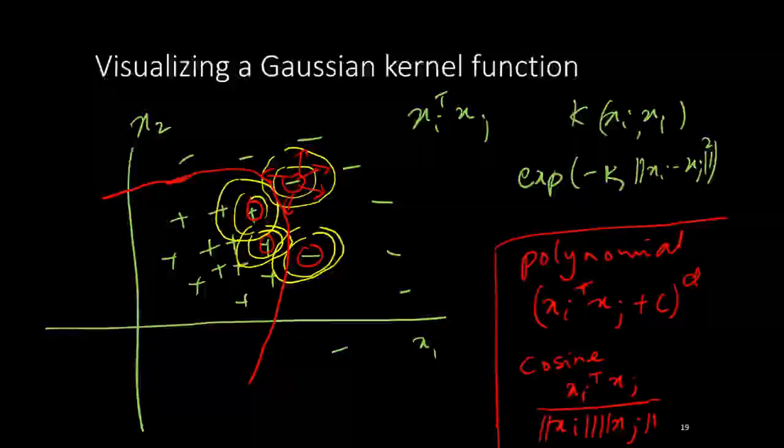So let's say you are comparing two different texts. There are kernels that are defined for comparing texts. What the kernel is encoding is how similar xi and xj are to each other. If they are more similar, then xi will have more contribution in computing the output for xj. If they are less similar, then xi will have less contribution in computing the output for xj.